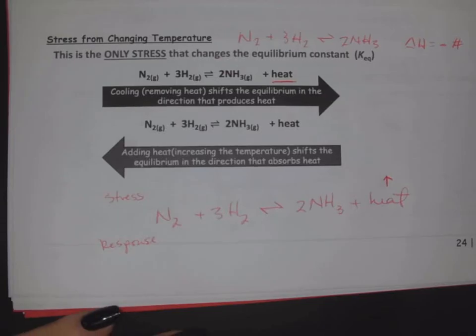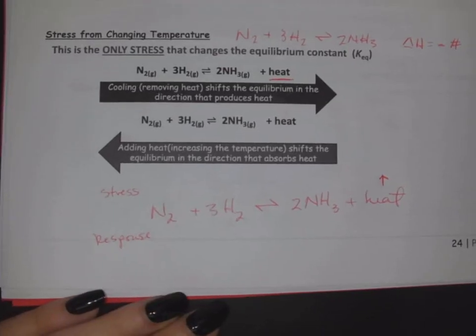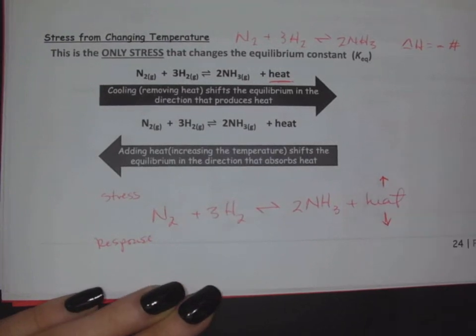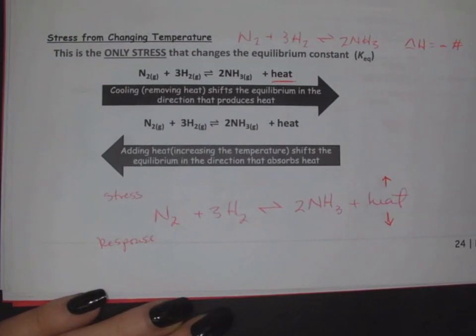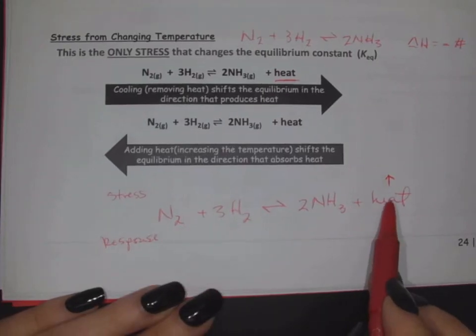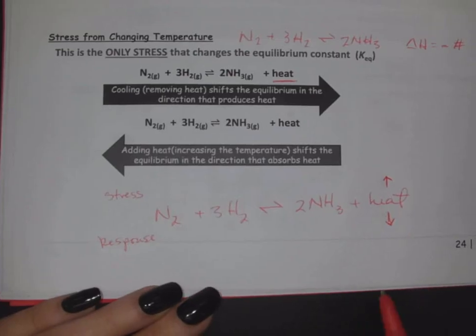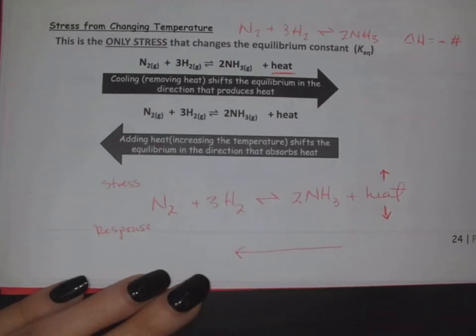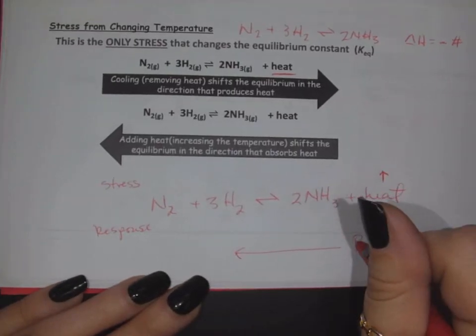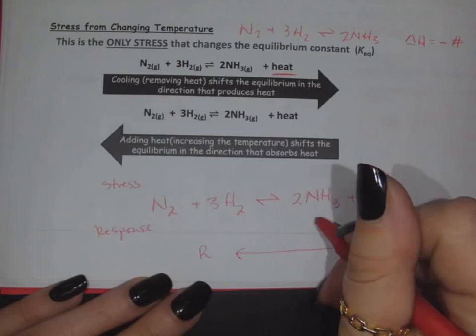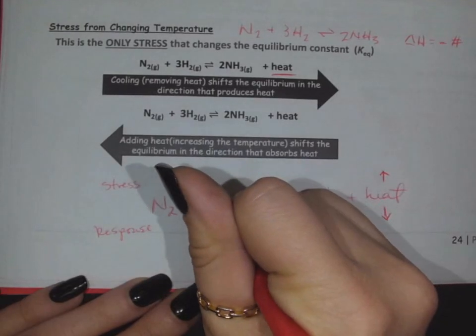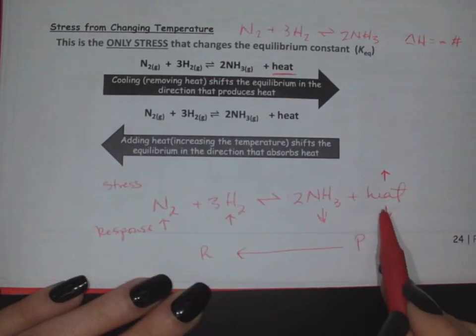As a reaction, it's going to respond to that by doing the exact opposite. It's going to try to decrease the temperature. It's going to try to decrease heat. How can it decrease heat if heat's on the product side over here? Well, we can do that by favoring the reverse reaction. In a reverse reaction, products turn into reactants, so we can get the products to decrease and the reactants to increase, one of those products being heat.